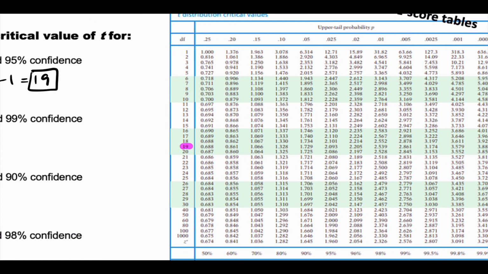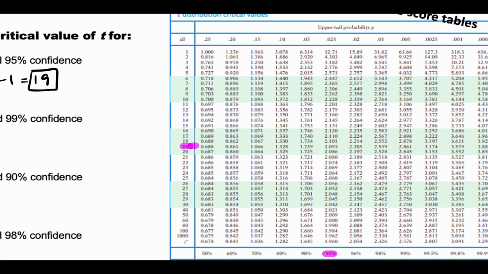The next thing is, what type of confidence interval is it? Is it 95? Is it 90? Is it 98? Is it 99? Is it 85? Is it 80? For this one, it's a 95. So you go to the bottom, where it says confidence level, and we have 95. Then you see where they match.